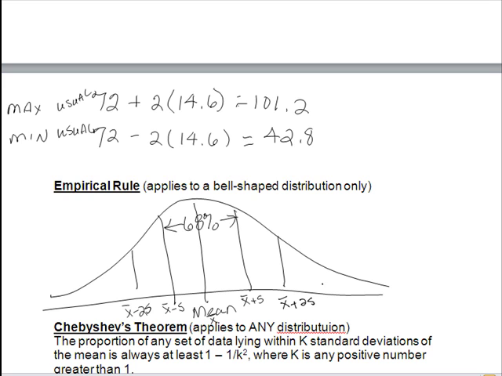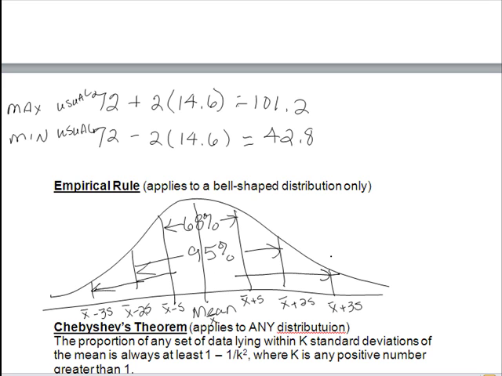And if we go out 1 more standard deviation, X bar minus 3S, X bar plus 3S, okay, then we find 99.7% of the data fall within 3 standard deviations of the mean.